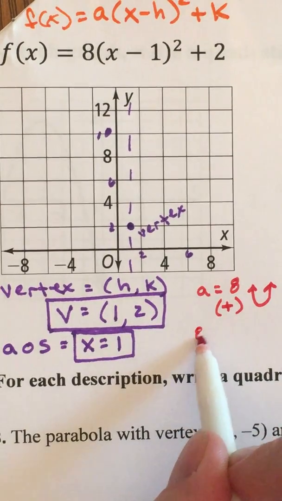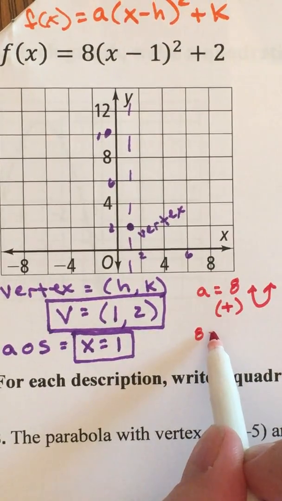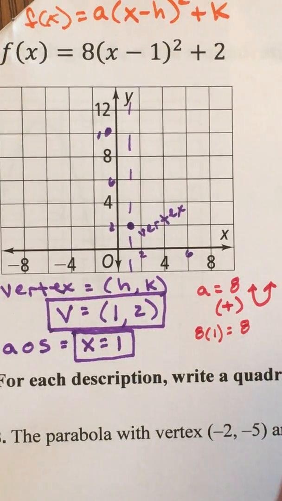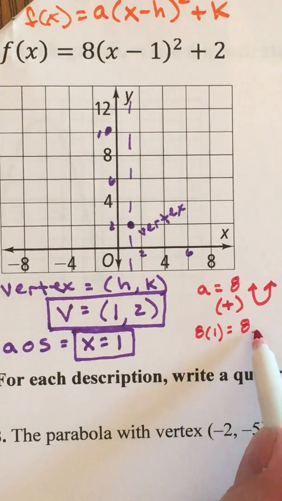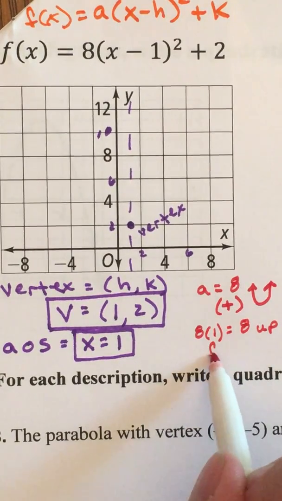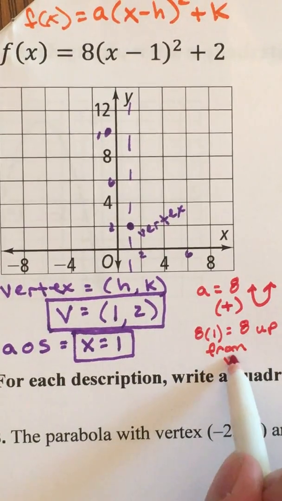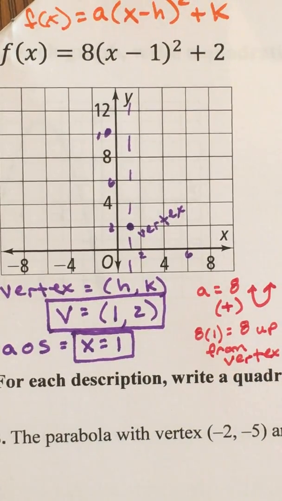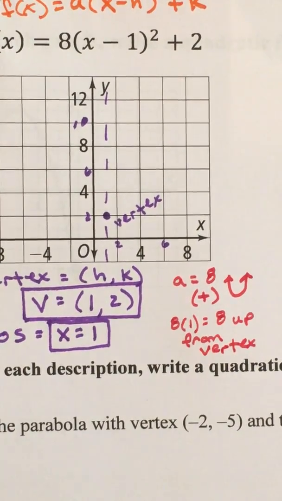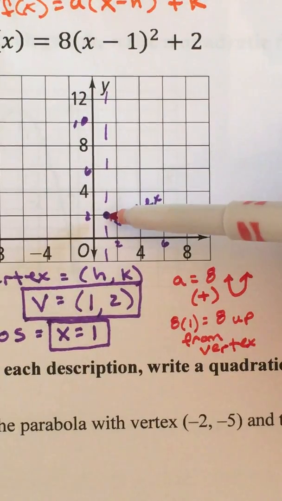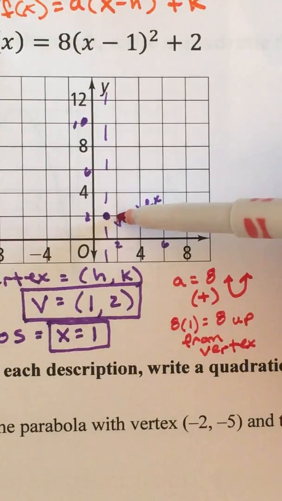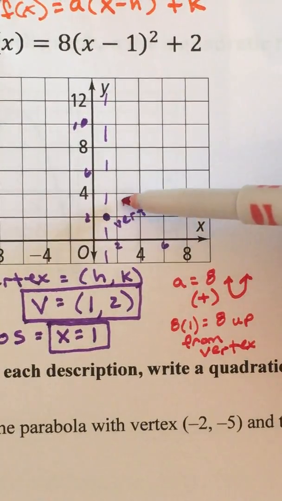So 8 times 1 is just 8 up from the vertex for my next coordinate point. Let's see how that works. So I'd come over a unit, and let's go up 8.